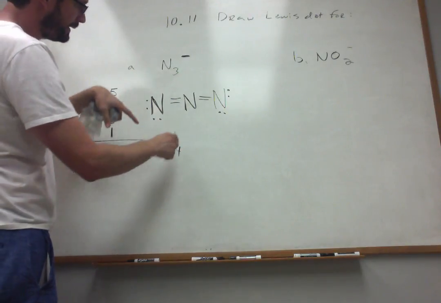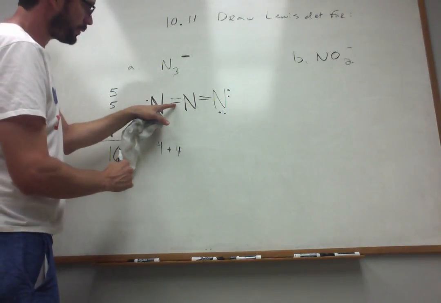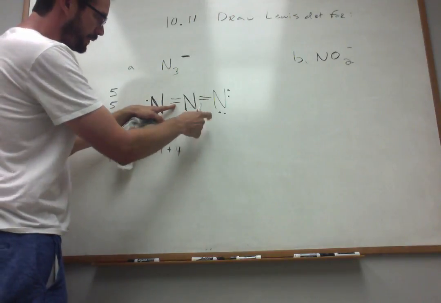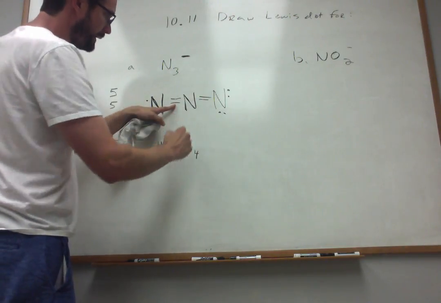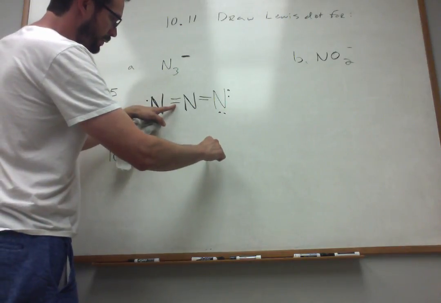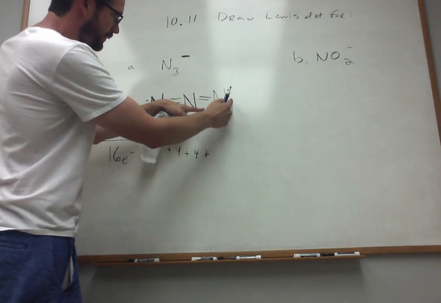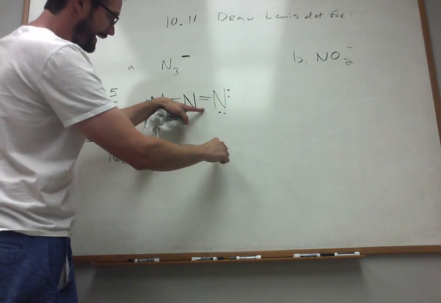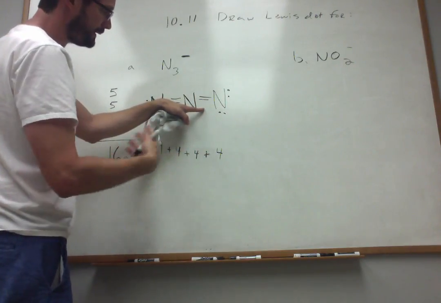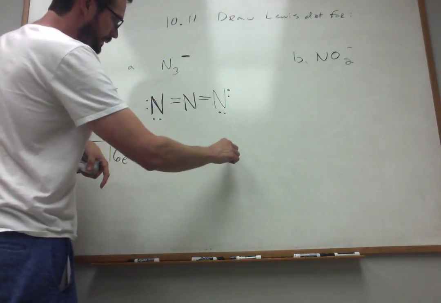It's happy. The central nitrogen's got 4 here that it can participate in sharing, 4 more here, so it's happy. So I'm going to add these 4 back in. And then likewise, the one on the far right here has 1, 2, 3, 4. So that's 8 total, with 4 being additional, these guys right here, okay?